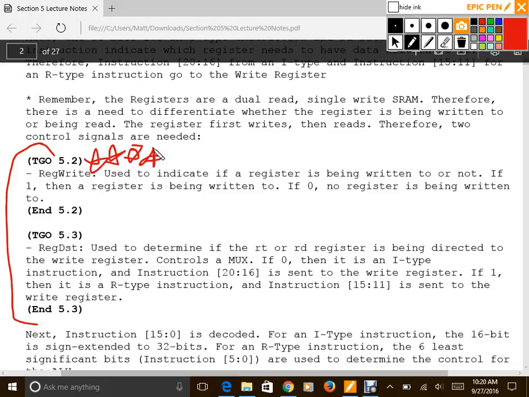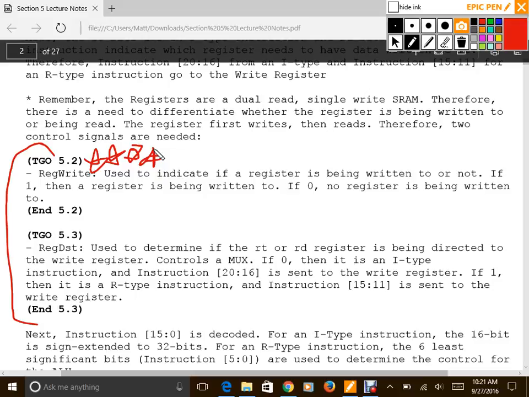If it's 20 to 16, then I'm going to be doing RS and RT, which means it's an I-type instruction. If I'm going to be doing RD, which is 15 to 11, it's an R-type instruction. So if I'm able to determine with the opcode if it's an R-type or I-type instruction, I will be able to automatically choose which one of those 5-bit fields I want to use.